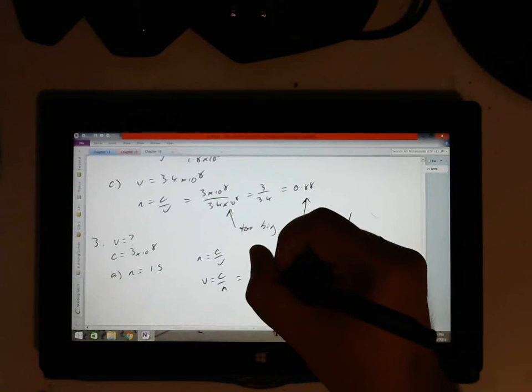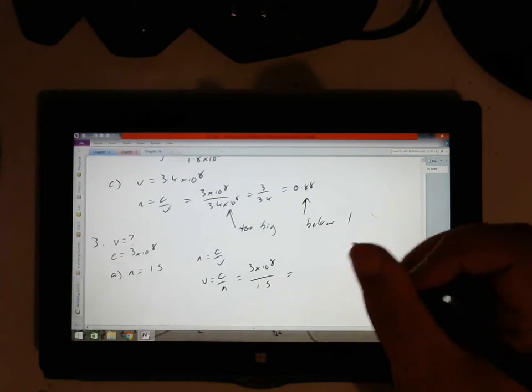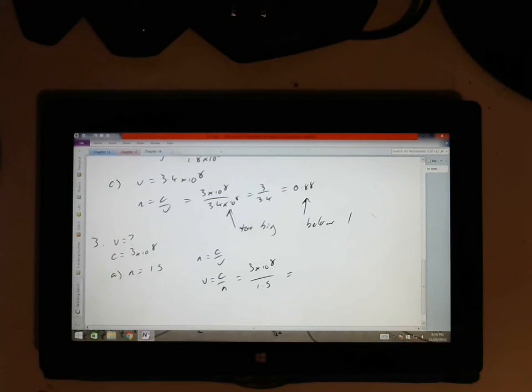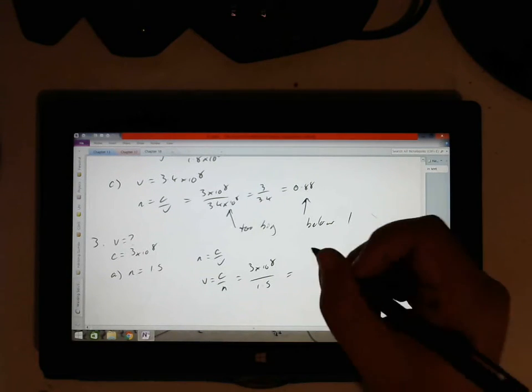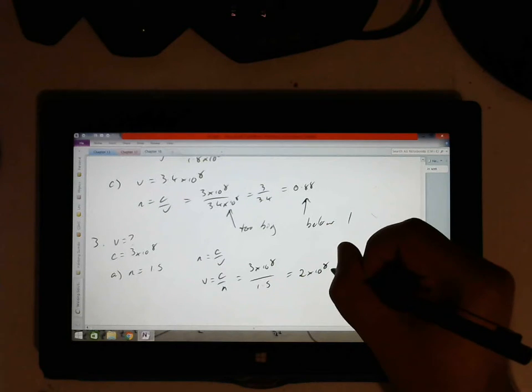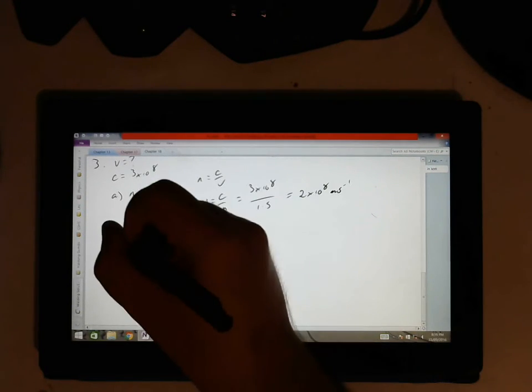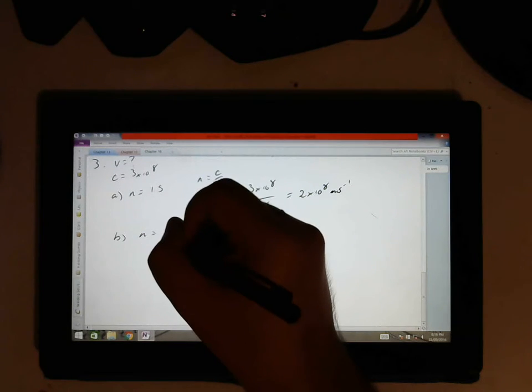Let's substitute. Now this one we have to put the whole thing in. 3 times 10 to the 8 divided by 1.5, and we're going to get 2 times 10 to the 8 meters per second. Don't forget your units. B, n equals 2.4.